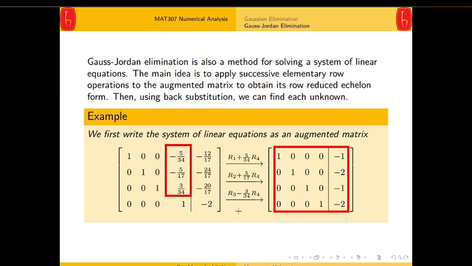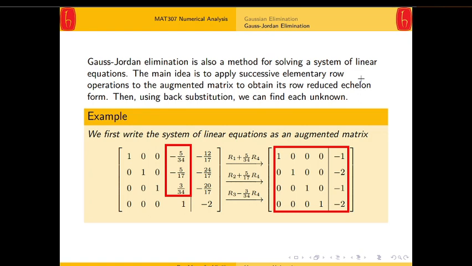Okay, given a matrix or system of linear equations with lots of unknowns, say 10,000 unknowns, if you move on to Gauss-Jordan elimination, this means you're adding or subtracting a vector of 10,000 entries to another vector.